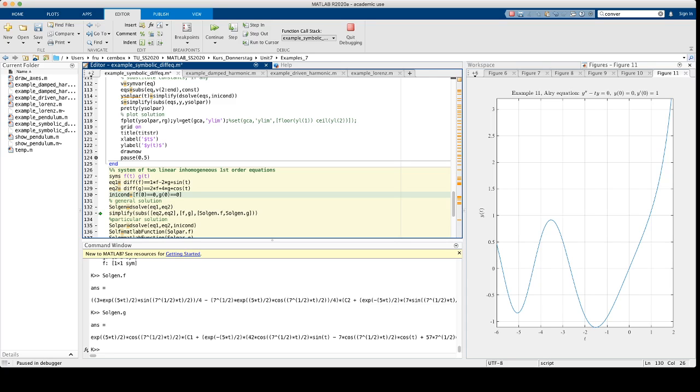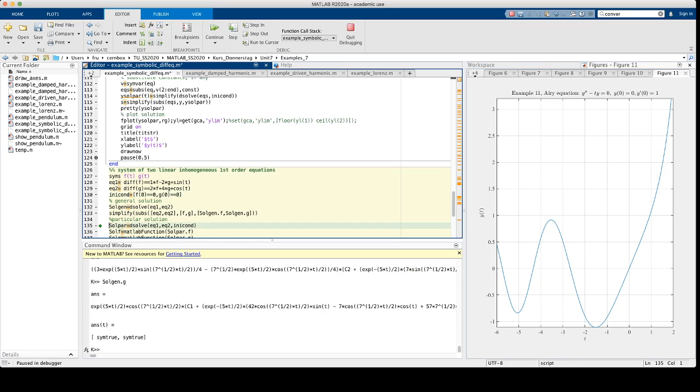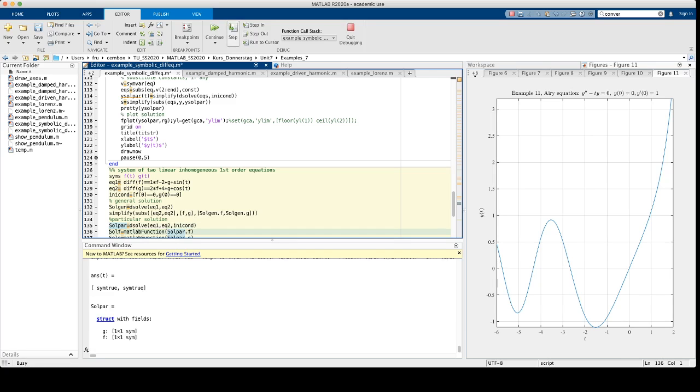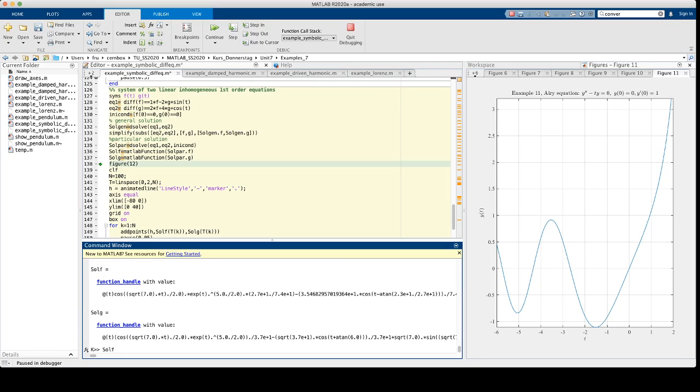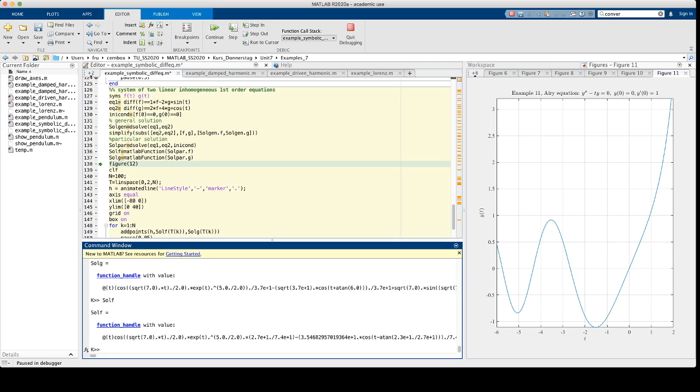We can substitute back the general solution into the equations, and we get true and true for both equations. So both equations are fulfilled by these solutions. Now let's obtain a particular solution with the given initial conditions. So these are now stored in these function handles.